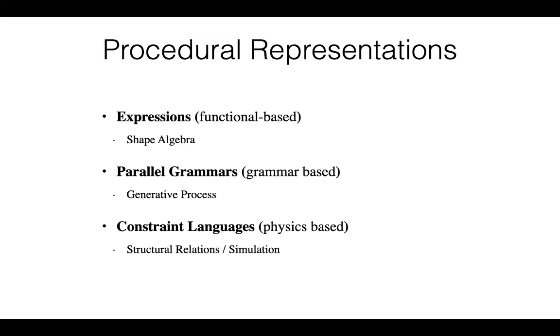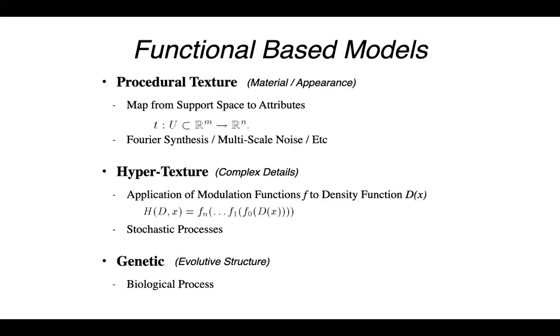And you see that it's parallel, and computationally now we can run this in parallel on GPUs and things like that. And then you have a procedural representation that's associated with physically based processes, like constraint languages that are going to include simulation and structural relations. So I'm going to give examples of this next, right?